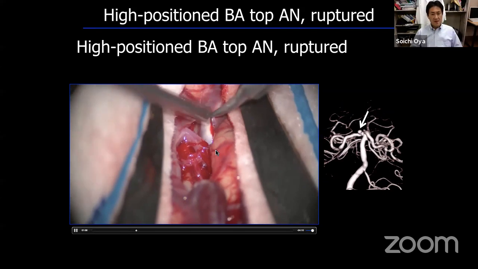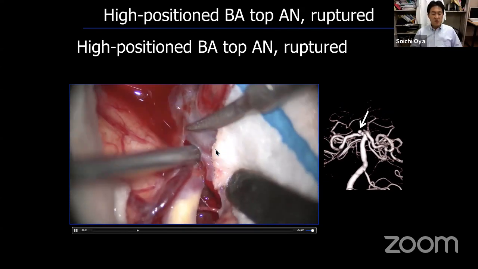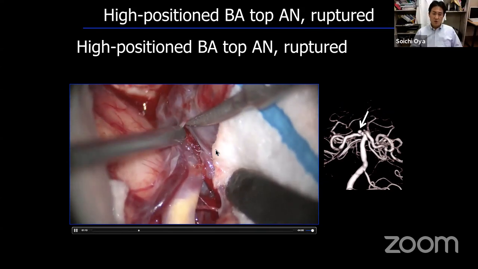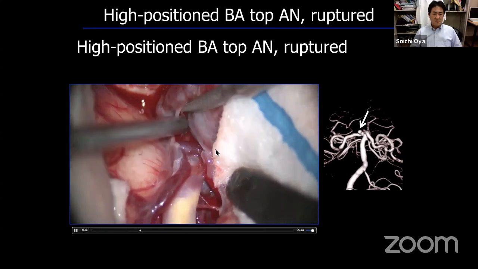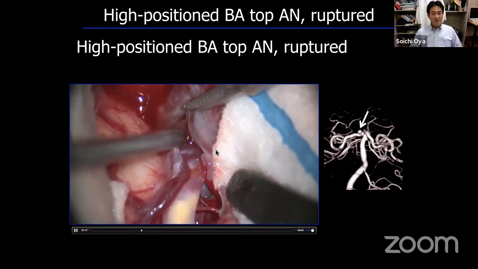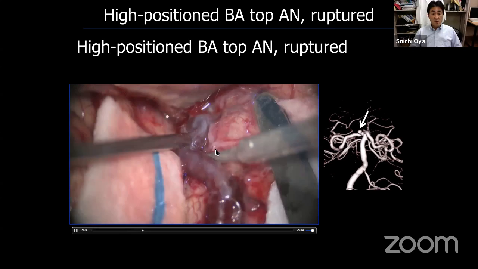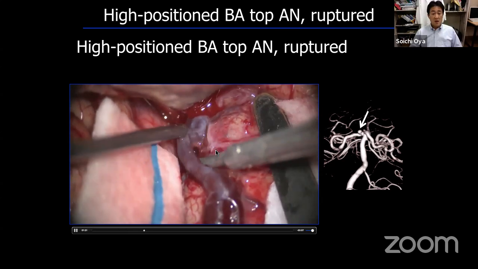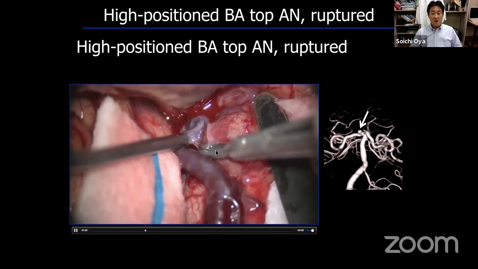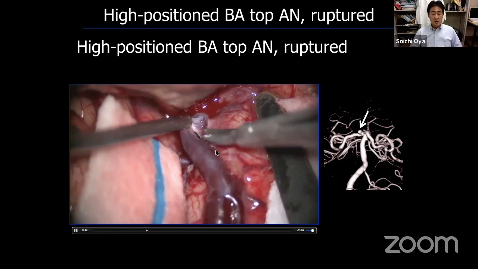For this purpose, cutting the arachnoid covering the superficial middle cerebral veins, or the anterior temporal artery, is critical.